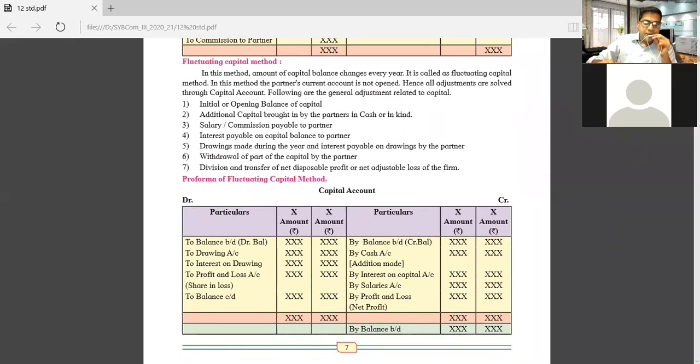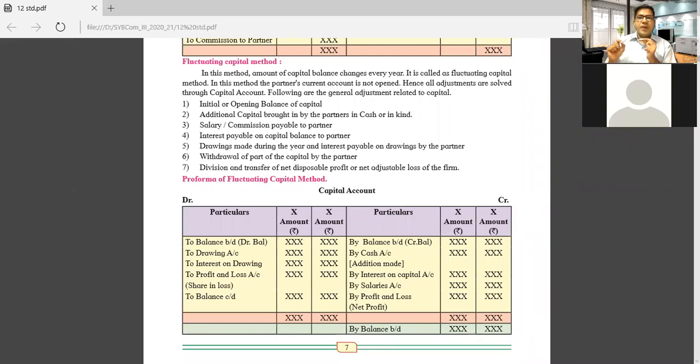Capital may increase, capital may decrease. It is called fluctuating. In the fluctuating capital method, the amount of capital balance changes every year.